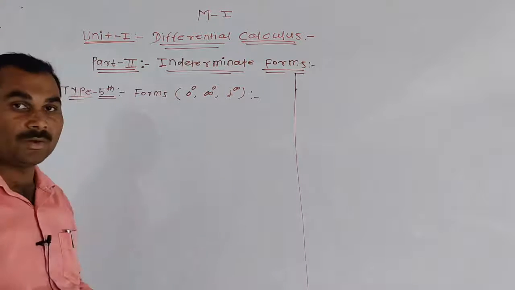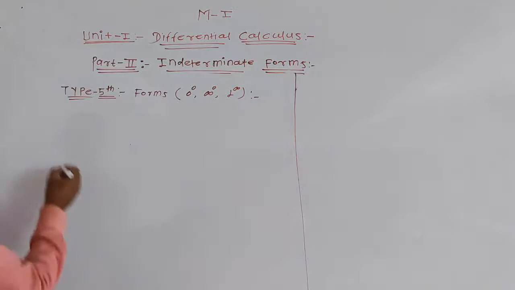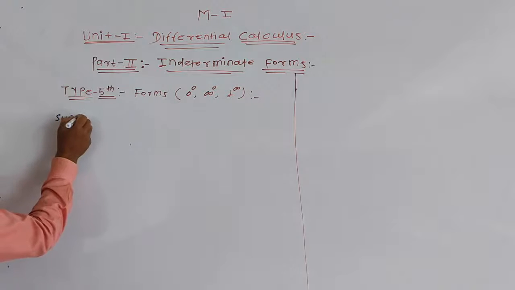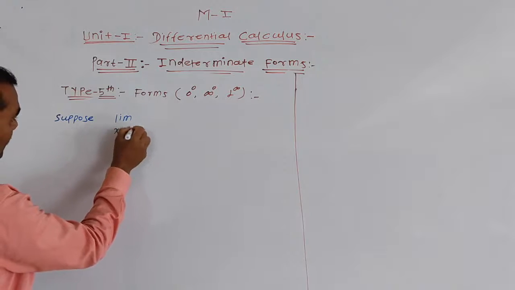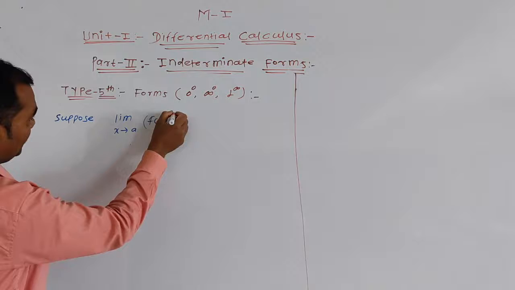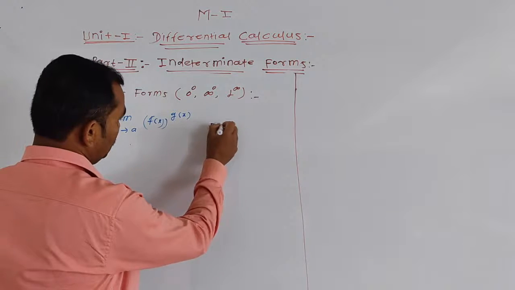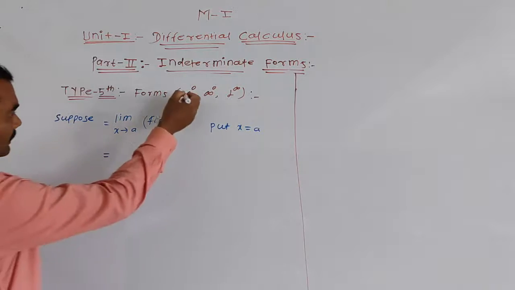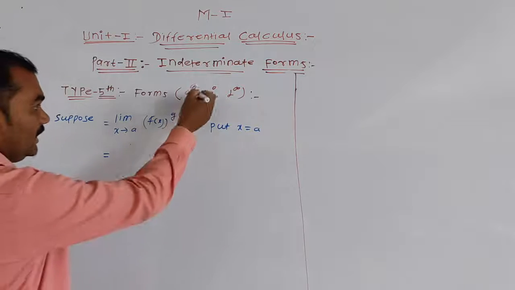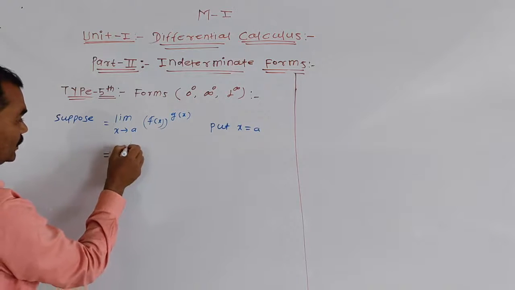Let me write some theory. Suppose limit x tends to a, f of x raised to g of x, and if we put x is equal to a, we get this limit as either 0 raised to 0 or infinity raised to 0 or 1 raised to infinity.